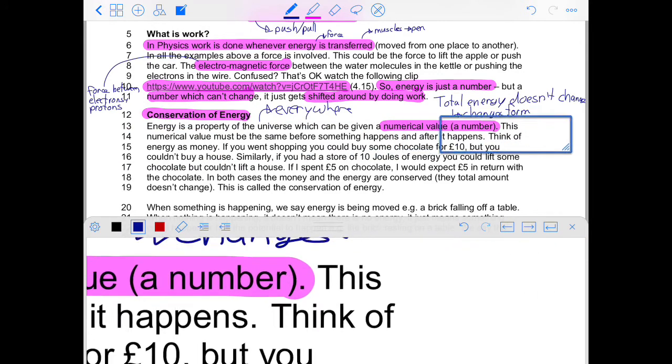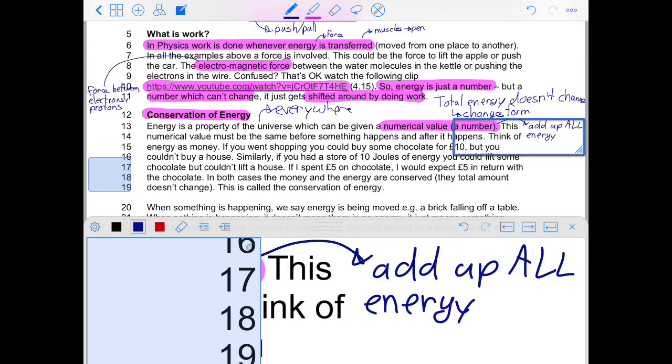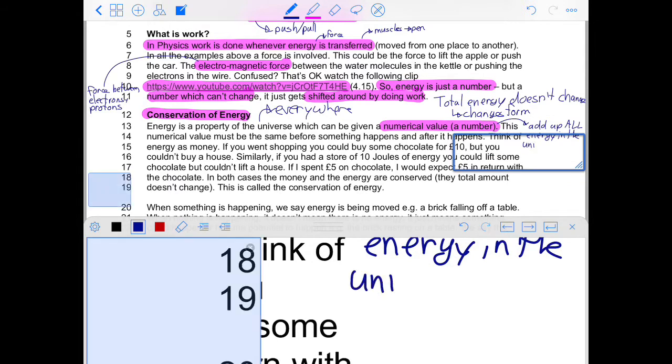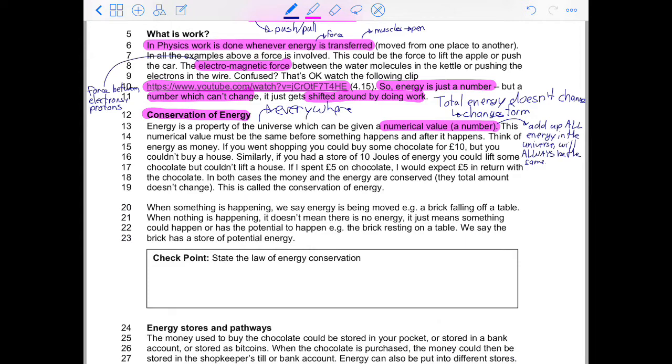So if we add up all the energy in the universe, it will always be the same. So that doesn't change. And that's essentially what the law of conservation of energy is.